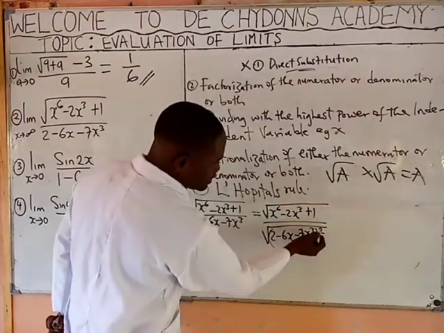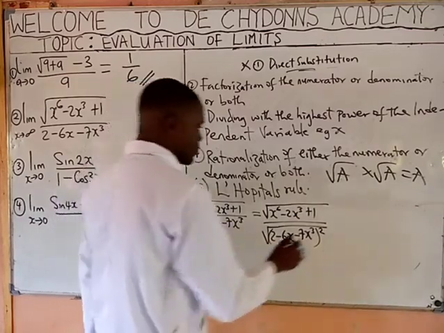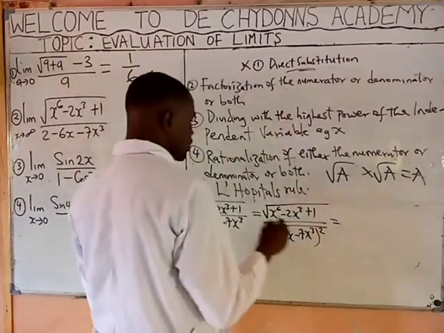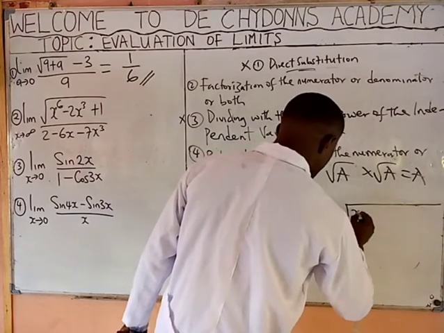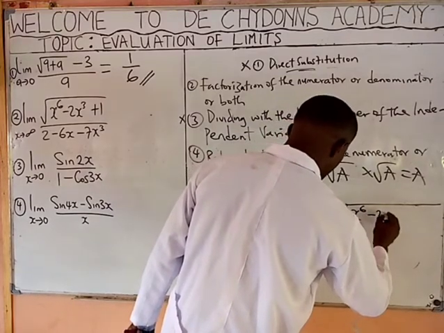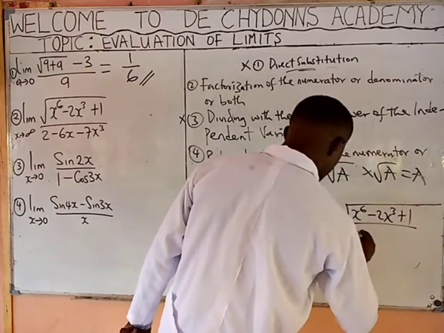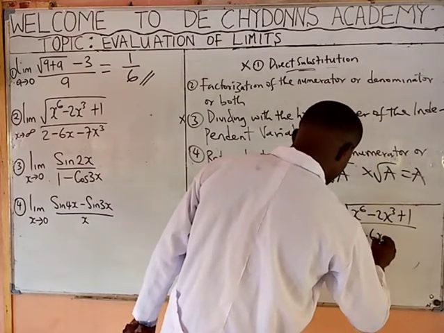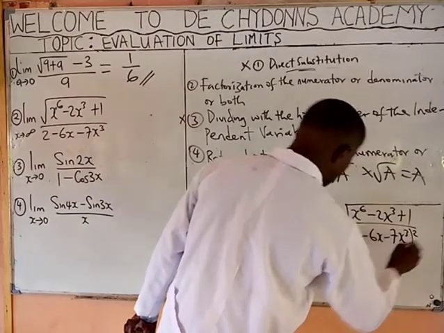Because this cancels power of 2, it will return back to this. Now, that tells us that everything will now be x raised to power 6 minus 2x raised to power 3 plus 1 all over 2 minus 6x minus 7x raised to power 3 all squared.